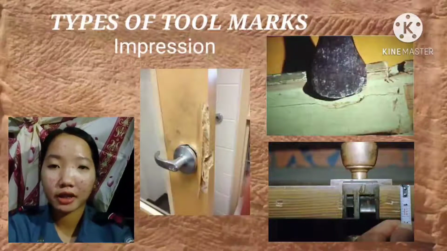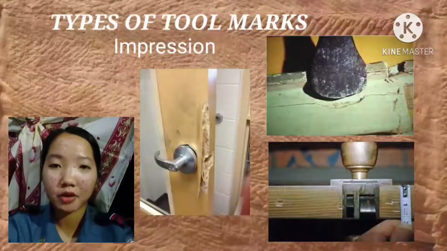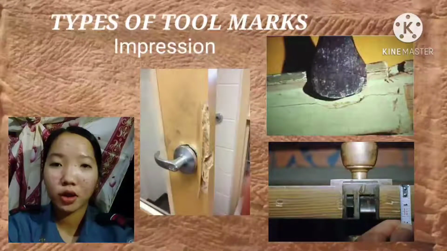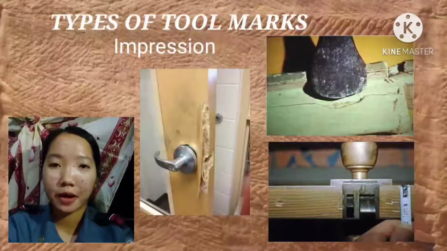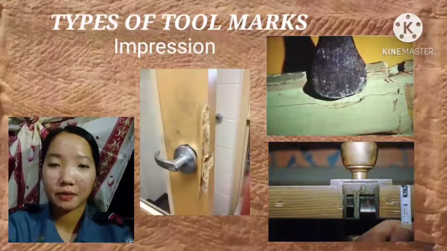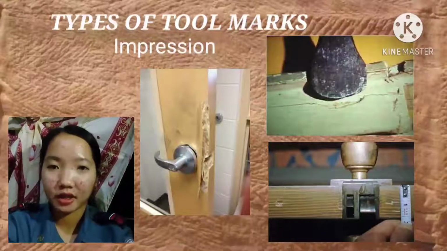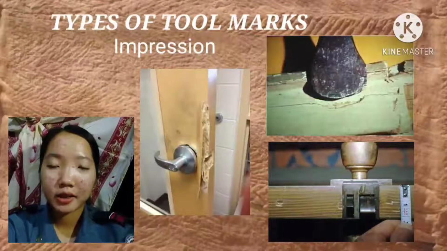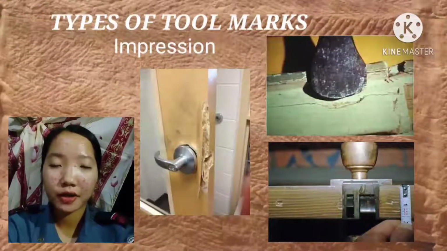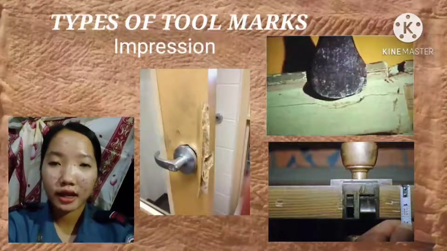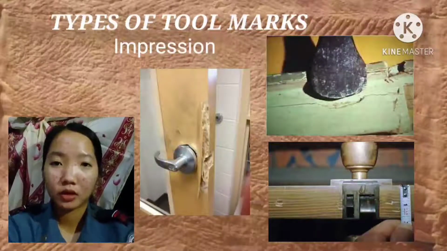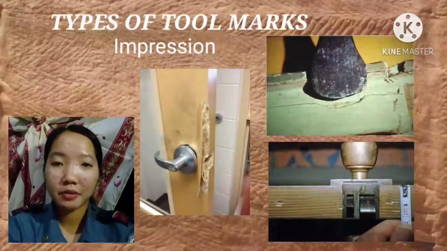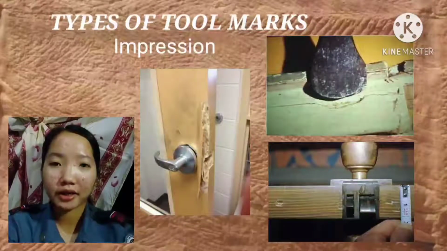So, dito sa mga naiwang marks makikita mo na yung conclusion kung ano ba ang nangyari sa isang bagay or sa isang property na naganapan ng crime scene. Then, mas particular frequently kung ang isang marks ay sa wood naiwan. So, mas madaling makita na ang marks ay galing sa tools.